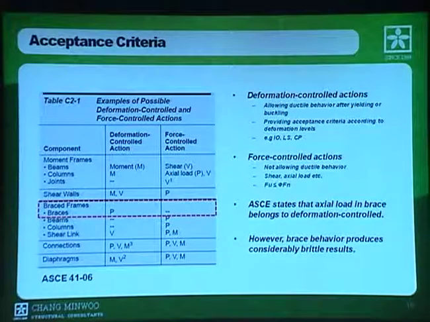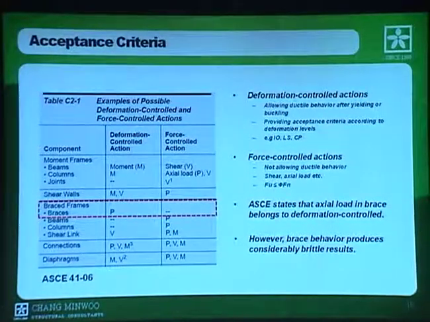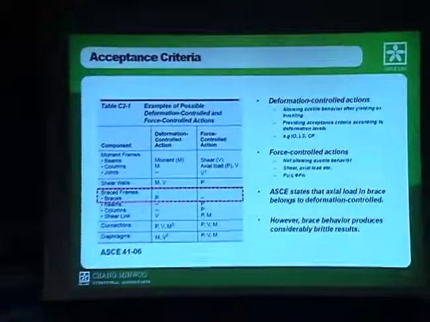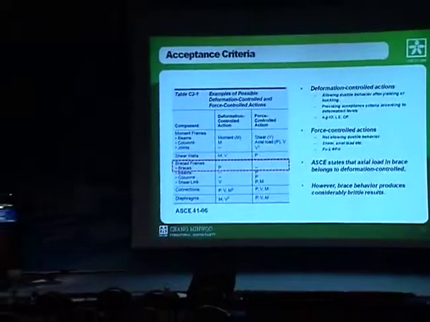But a force-controlled action does not allow ductile behavior. So basically, it represents brittle behavior, or sudden loss of capacity. And ASCE 41 stated that axial load in the brace member belongs to deformation control.